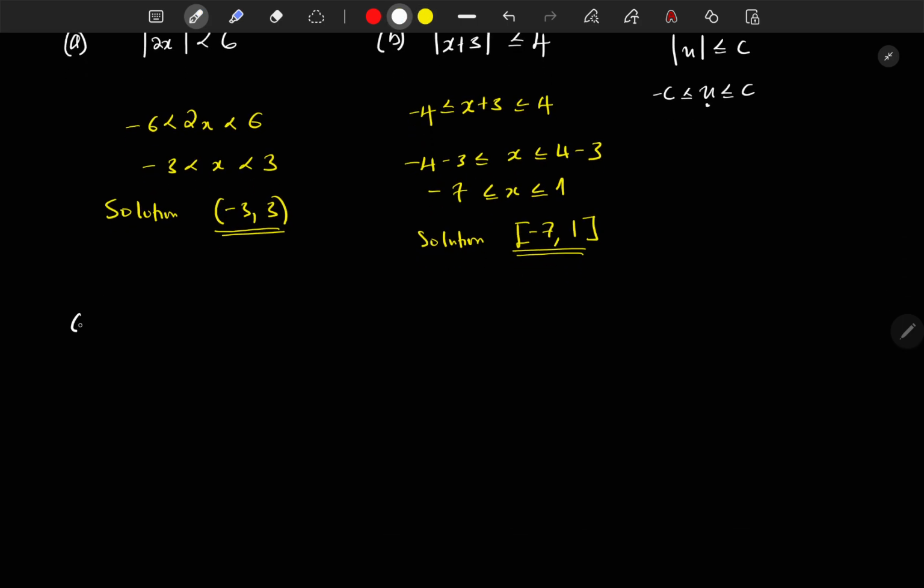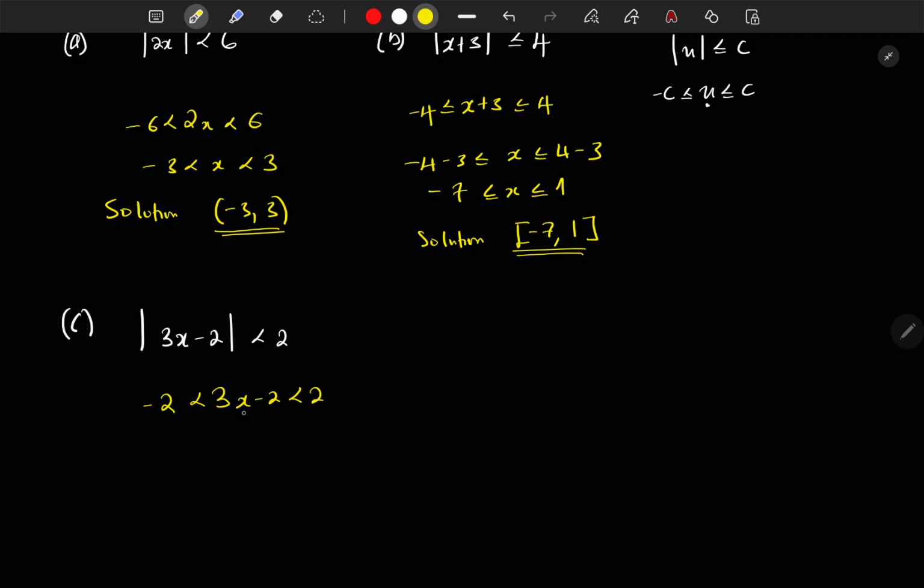Let's look at number C. Next, we are solving the modulus of 3x minus 2 less than 2. Similar situation. This becomes 3x minus 2 less than 2 and greater than negative 2.